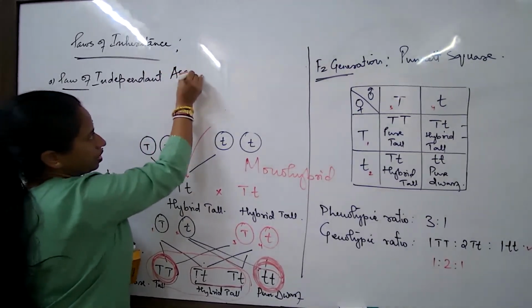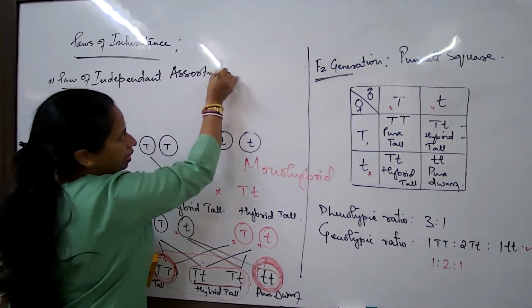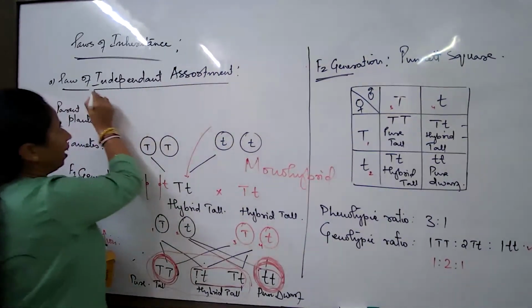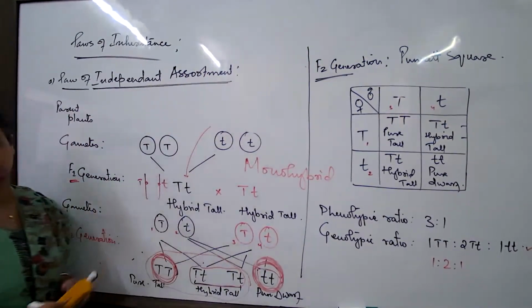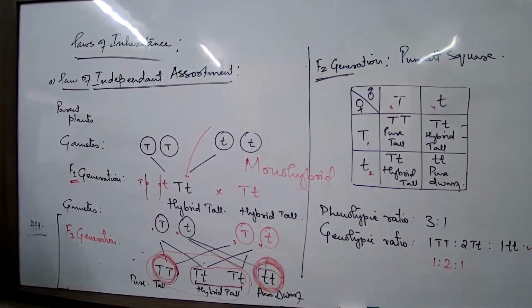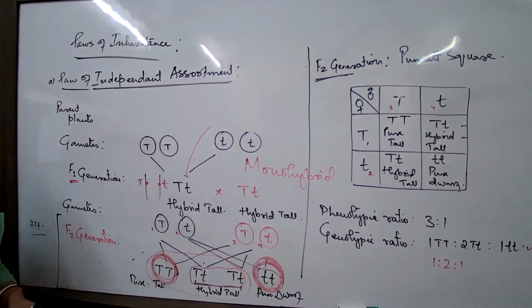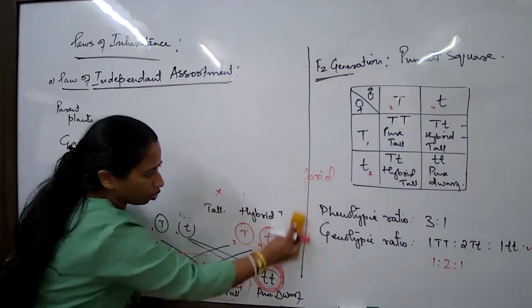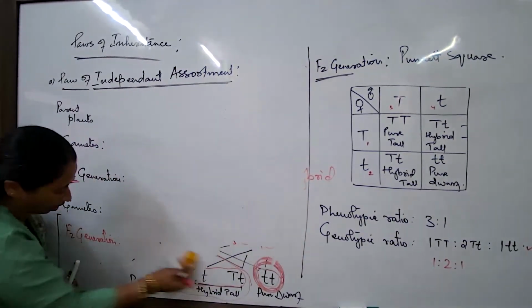Independent assortment. Here, what are we going to understand is when plants with two pairs of traits are crossed. We are talking about two characters or two pairs of traits. The format will be exactly the same, only instead of one, we are going to talk about two pairs of traits.